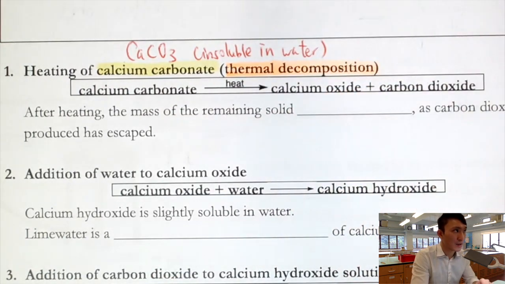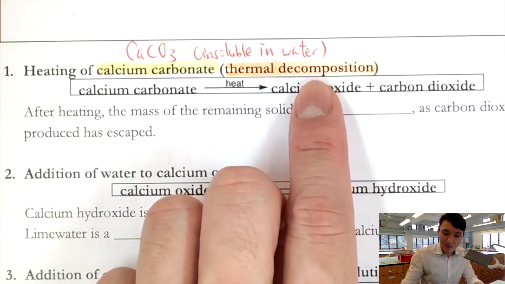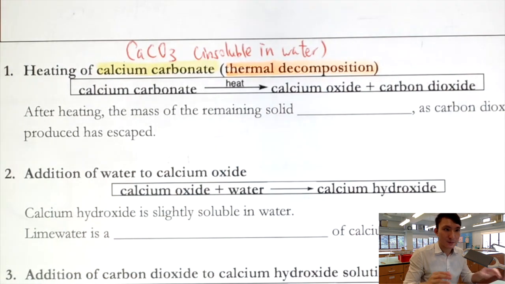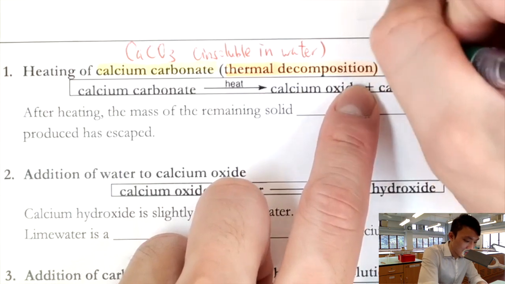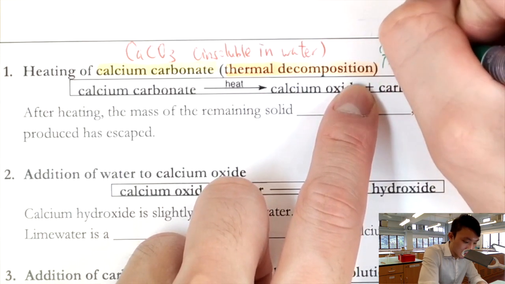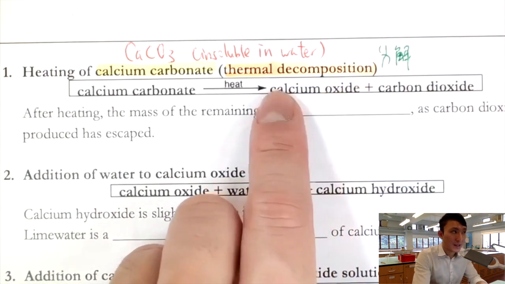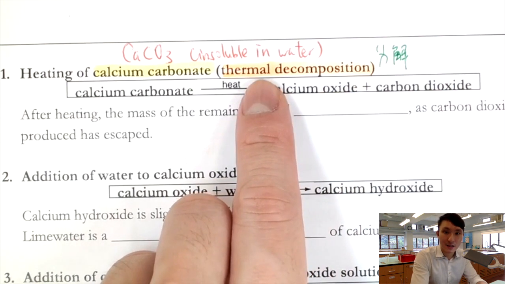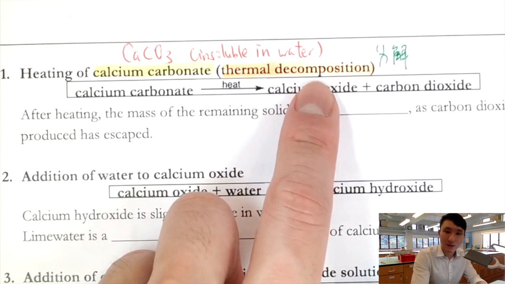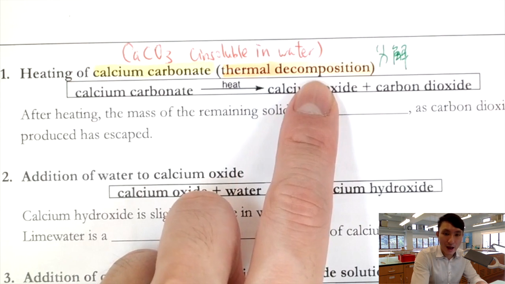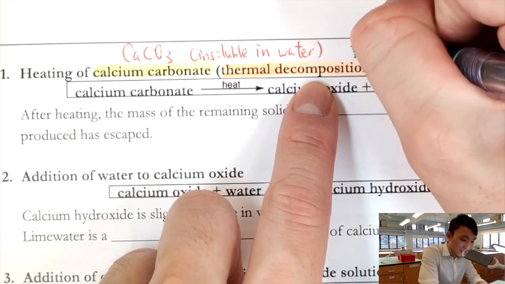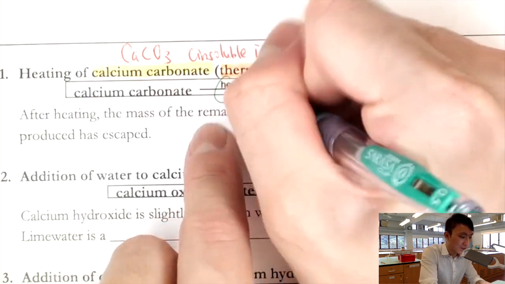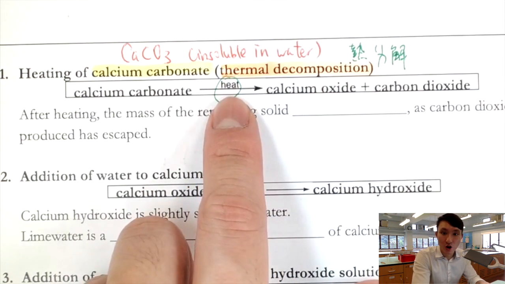Decomposition basically means it splits into smaller compounds, and thermal basically means heat. So this decomposition occurs only at a high temperature. That's why this reaction requires strong heating.